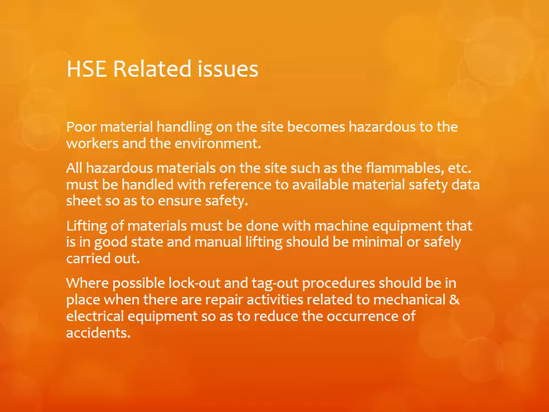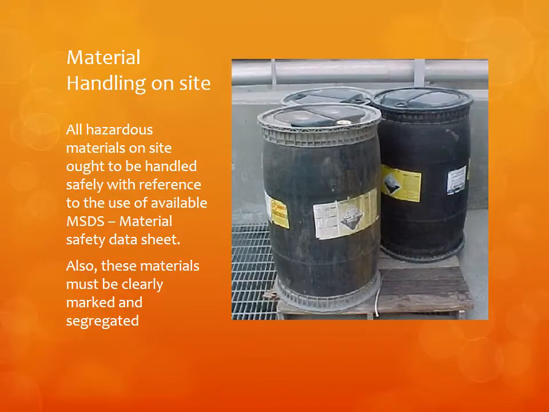All these I've just itemized are basically safe work practices that must be adhered to if we must ensure a safe and healthy work environment. Depending on the projects on the site, you cannot rule out having hazardous materials.